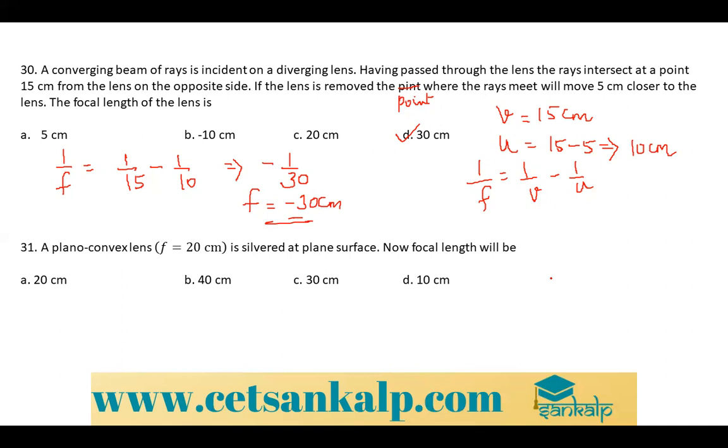So plano convex. Okay, one side plane, one side convex. ಅವ್ರೇನು ಹೇಳ್ತಾ ಇದ್ದಾರೆ, ಪ್ಲೇನ್ ಸರ್ಫೇಸ್ ಹತ್ರ ಸಿಲ್ವರ್ಡ್ ಮಾಡಿದ್ದೀನಿ. ಓಕೆ, ಇವಾಗ ಅದೇನು ಇಟ್ ಈಸ್ ಗೋಯಿಂಗ್ ಟು ಬಿಹೇವ್ ಲೈಕ್ ಎ ಪ್ಲೇನ್ ಮಿರರ್ ಆಗಿ ವರ್ಕ್ ಆಗುತ್ತೆ.